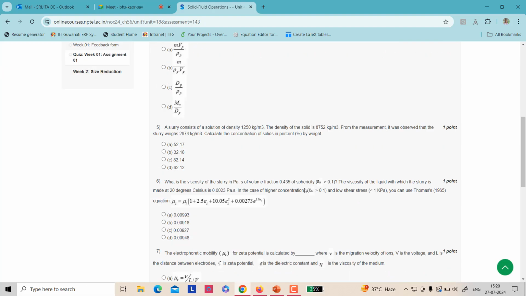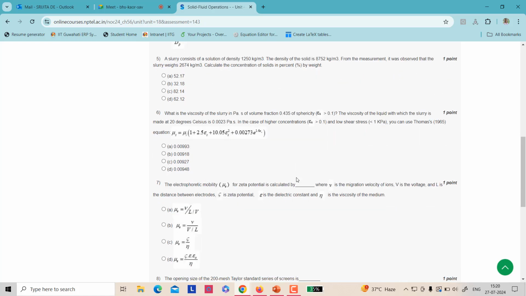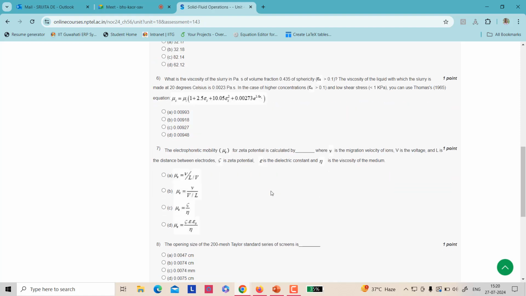And next question, ma'am, 6. This question is almost formula based. Question number 5. 6. 6, this is the formula is also given. No? Okay. Thank you. And the ma'am, question number 7. The opening size of the 20 mesh Tyler standard series of the screen is.